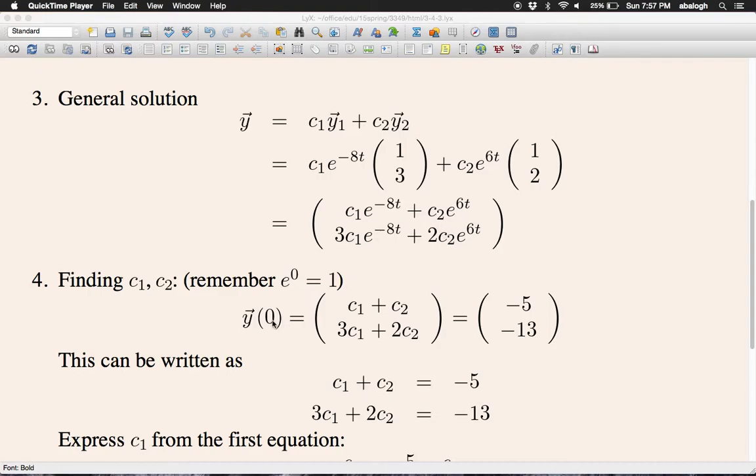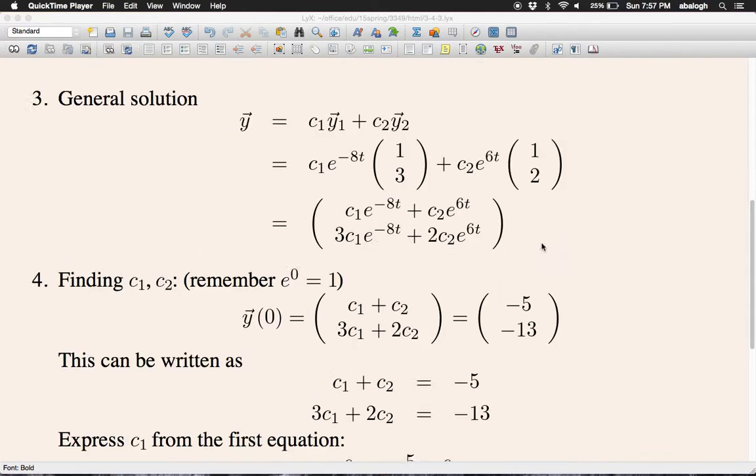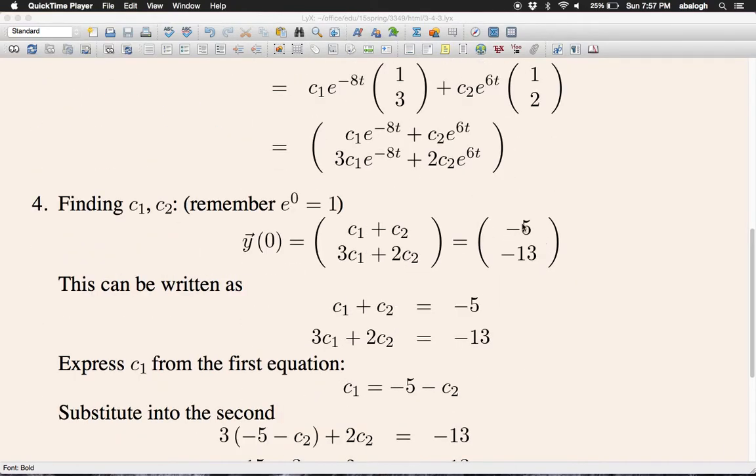We take t equals 0, and we set it equal to the initial values given originally. We have these exponentials; remember that e to the 0 is 1. So then we obtain this system of equations, which can be written as c1 plus c2 equals -5, and 3c1 plus 2c2 equals -13.